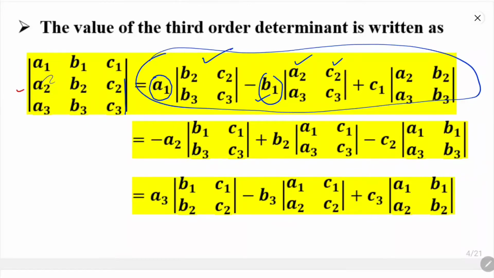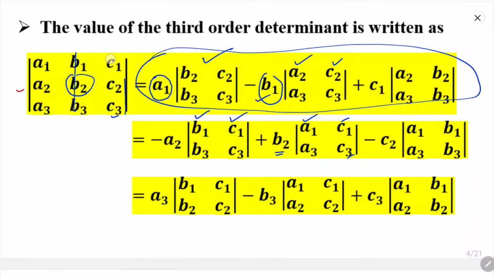So minus a2, hide a2, what you see, b1 b3 c1 c3, right? b1 b3 c1 c3. Wait, yes, b1 b3 c1 c3, and now b2, but plus b2, hide b2: a1 a3 c1 c3.